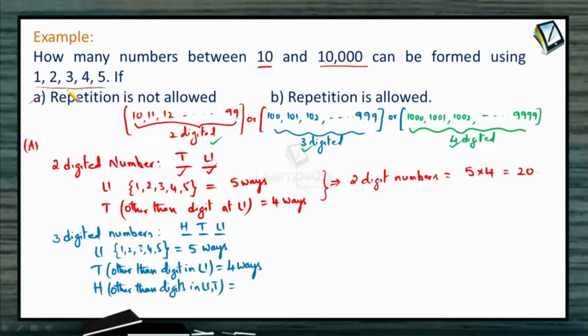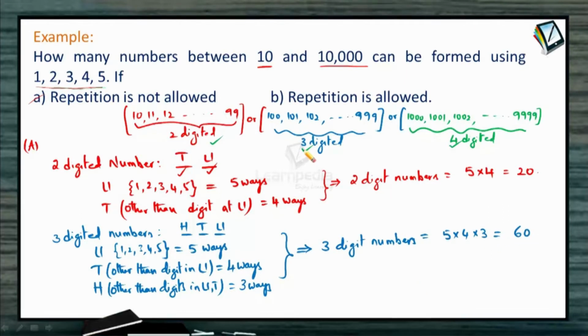So out of the 5 choices, 1, 2, 3, 4 and 5, exhausting 2 choices, you can fill this in only 3 ways. So from here, how many three-digit numbers are possible? The possible three-digit numbers are 5 into 4 into 3, because in order to form a three-digit number, I have to do units place and tens place and the hundreds place, which gives 60 numbers.